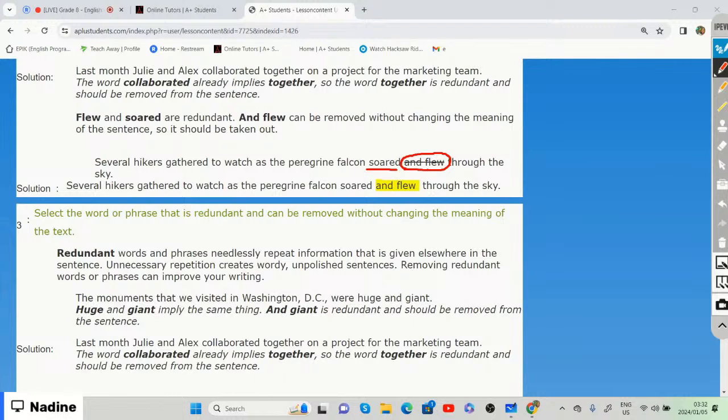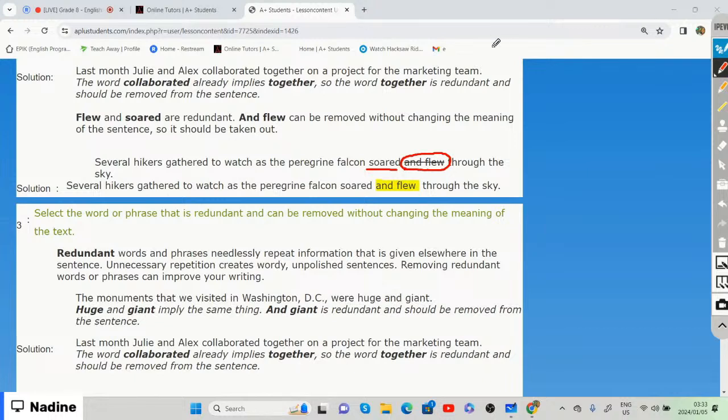So soared means the same thing as flew. To soar is basically to fly. And flew is to fly. It's just the past tense of fly.